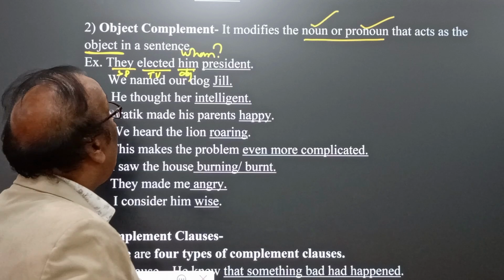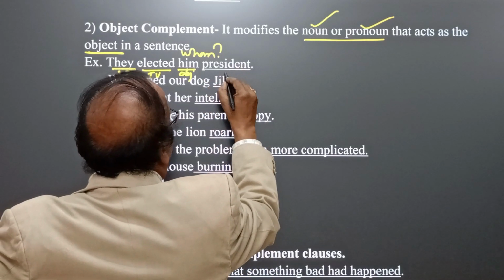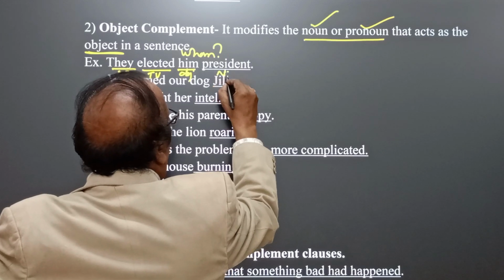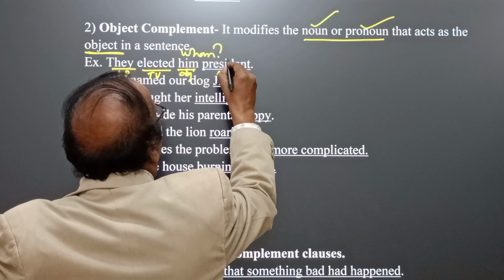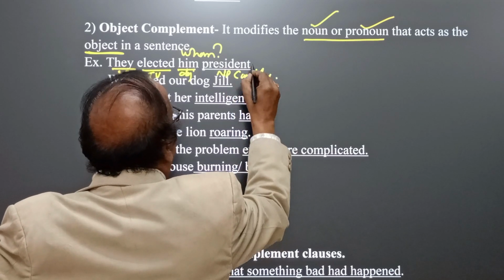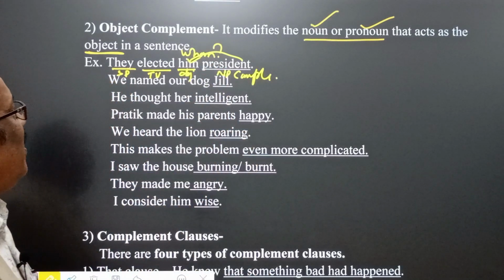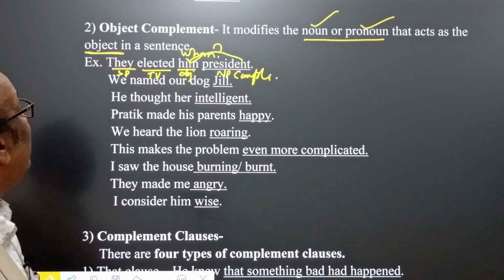Him. What? It means the president. President is now a noun phrase and it is a complement. Yes, this complement qualifies him, and therefore it is called object complement.